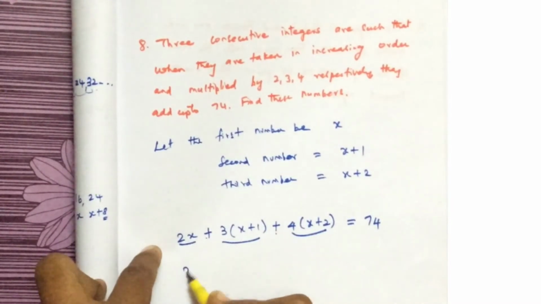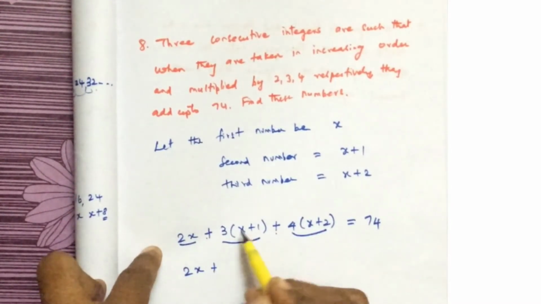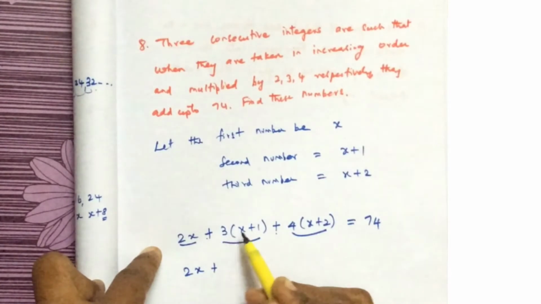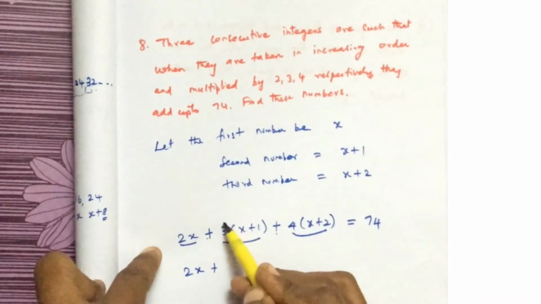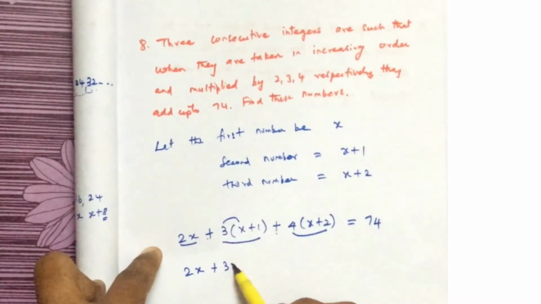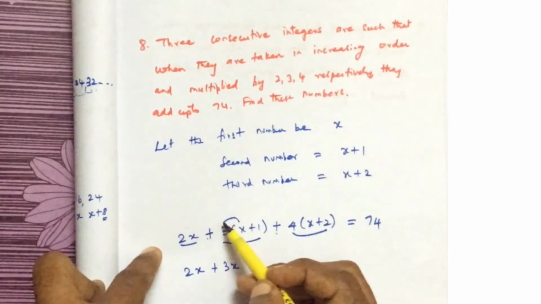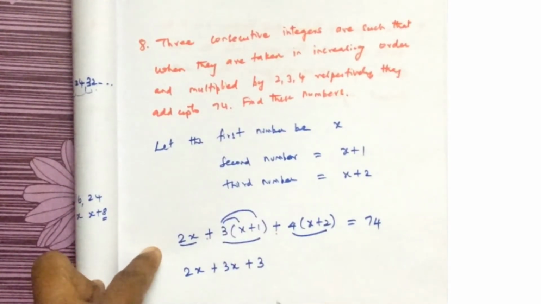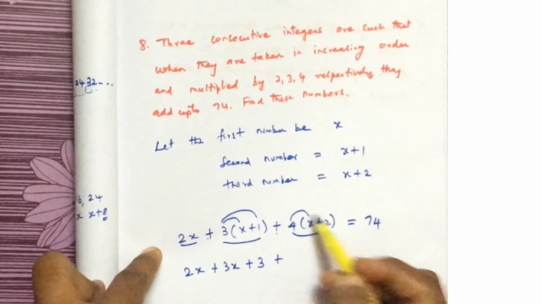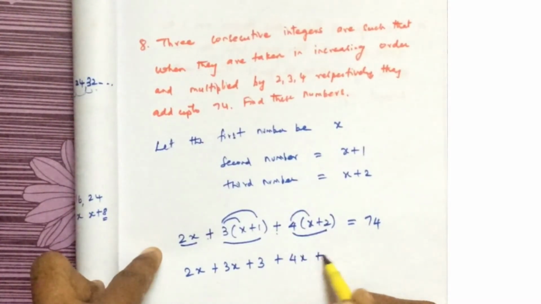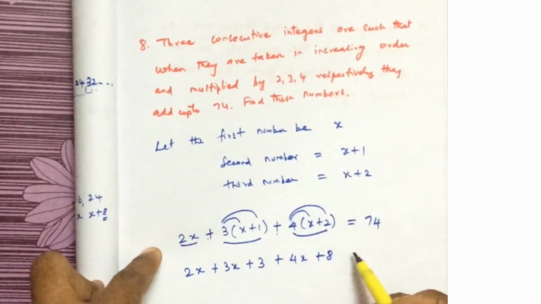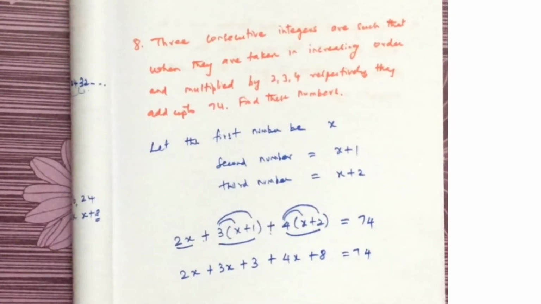Now how to solve this? 2x plus, this 3 should be multiplied with both this x and 1. So 3 multiplied by x is 3x, plus 3 multiplied by 1 is 3, plus 4 multiplied by x is 4x, plus 4 multiplied by 2 is 8, that is 74.